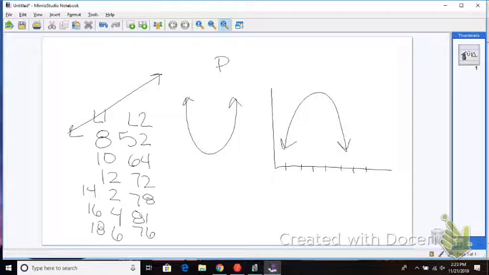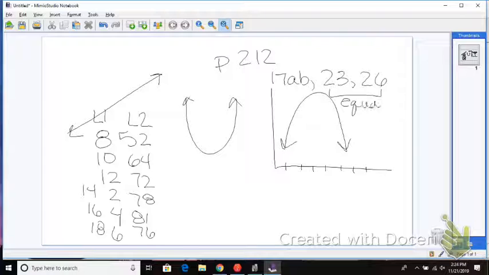On 17, you're going to do A and B. So you're going to find the equation and then you're going to estimate. Then you're going to do 23, just the model, and 26, just the model. So 23 and 26 is just the equation. And we'll talk about that before we go.